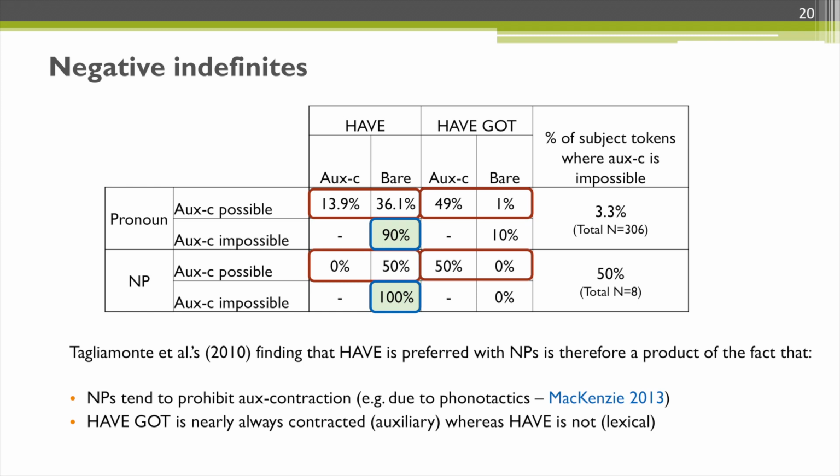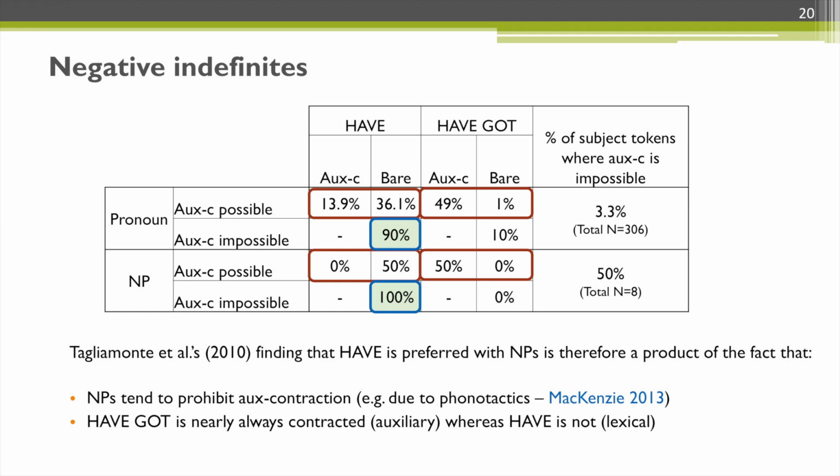The men who have a car, where you can't technically contract have because you get what's called an intermediate form, which Mackenzie talks about. So if you say the men who've, you can say who have. Some speakers say they can contract the have in that example actually, but when I looked in the corpus, it wasn't found at all. So it's not actually very productive.